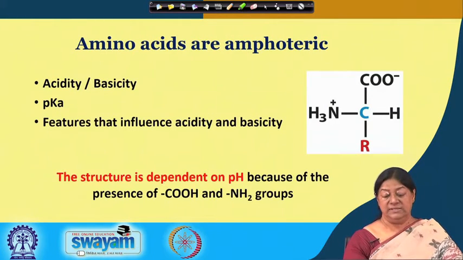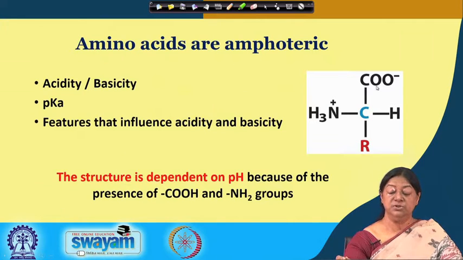Now, if we look at the amino acids, the basic structure is this, where we have the alpha carbon, the R group, the amino group and the carboxylic group. Now, it is important to see that this has been written as a neutral form. If we were to consider this as COOH, NH2, we would be considering a neutral type of amino acid, but as we have protons that can be dissociated from the amino acids, we have to remember there is a pH dependence.